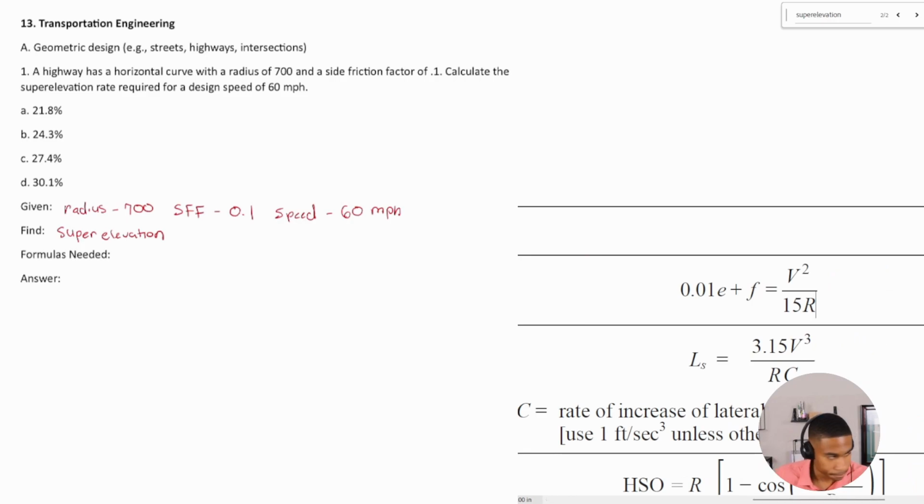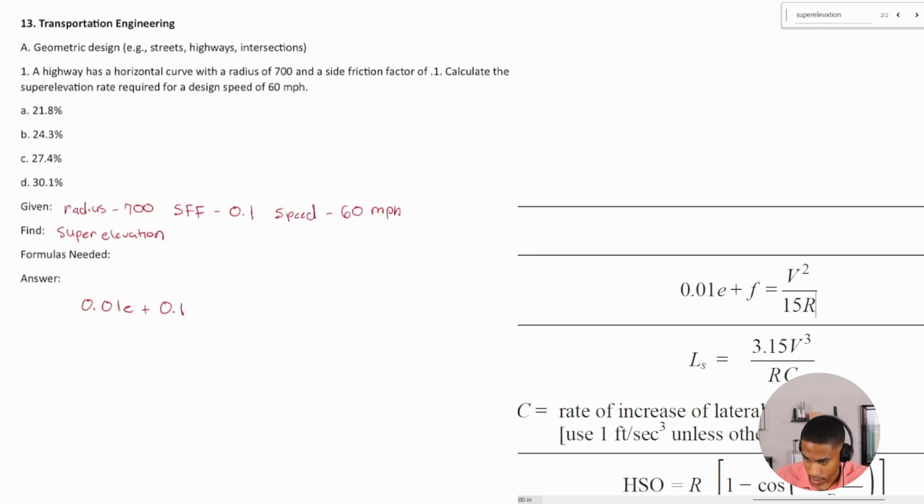So it's going to be 0.01 E plus F, which is what? 0.1, all right?